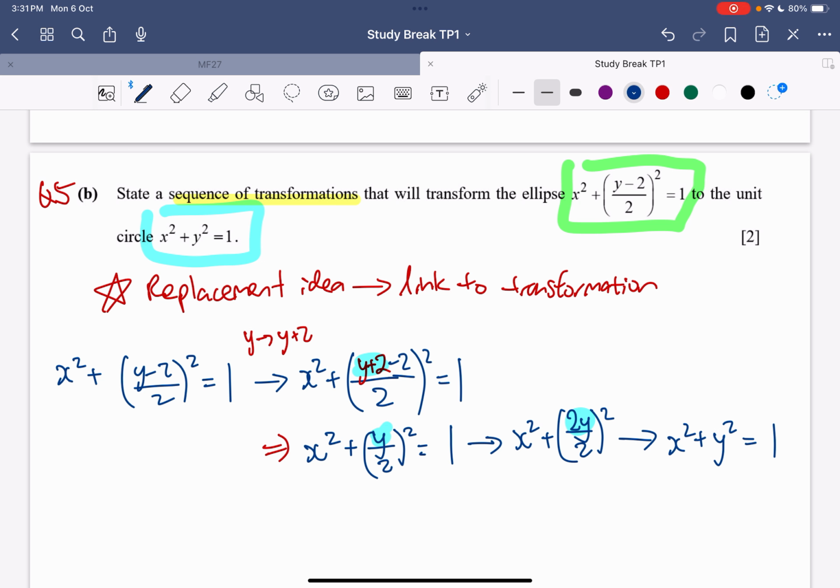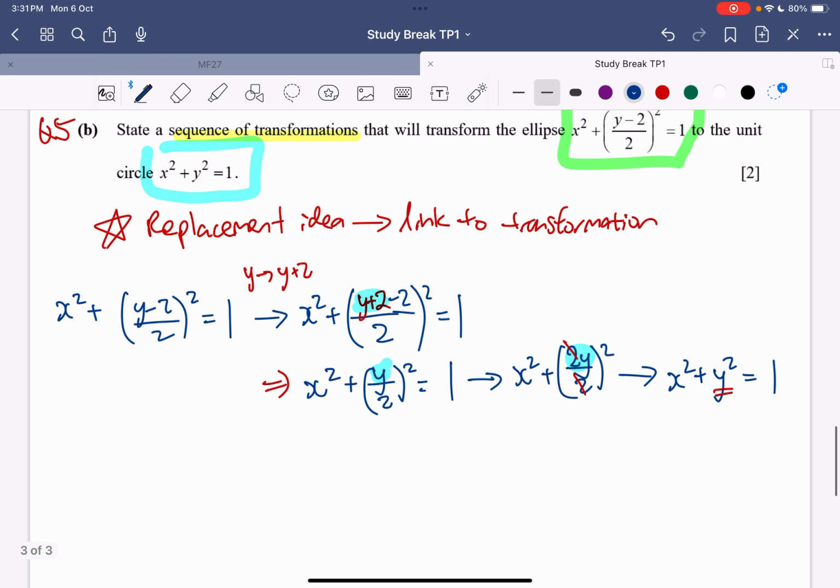And in doing so, we can do some cancellation of the 2 and it will end up with just a y squared. So here what we are doing is replacing y by 2y. Okay, so with these two transformations or these two replacements, we can link them to the transformation involved.